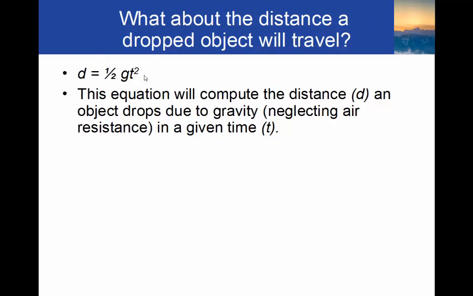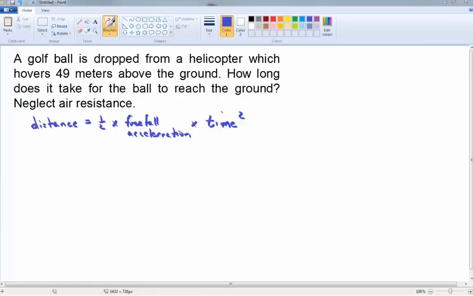That means distance is half of that 9.8 meters per second squared free fall acceleration times whatever time it falls for, squared. So we're making use of this equation right here. Distance is 1/2 free fall acceleration times time squared. Or in other words, d is equal to 1/2 g t squared.